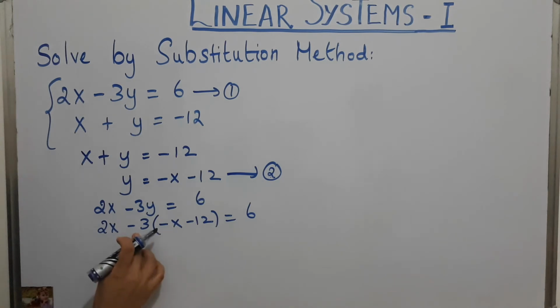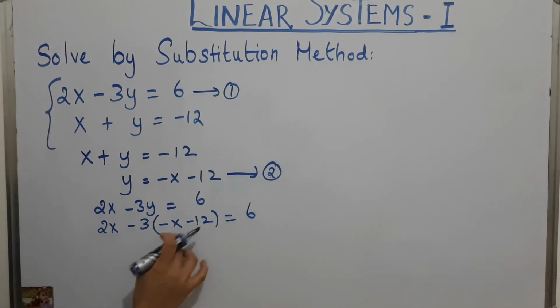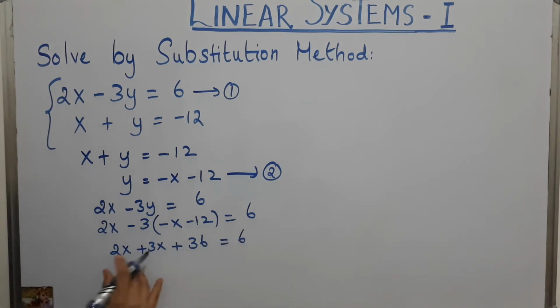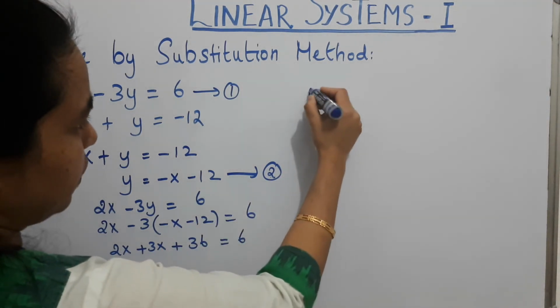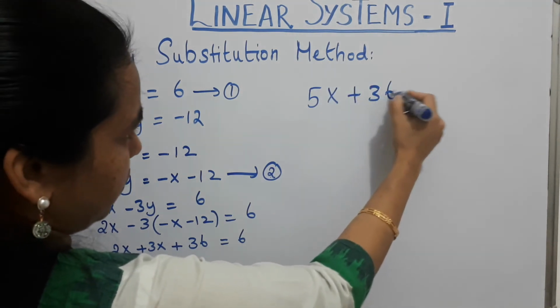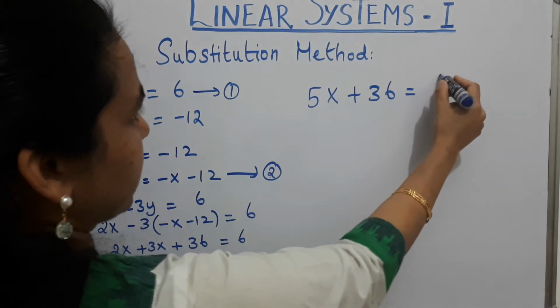Okay, and now you have to distribute negative 3 inside. So 2x plus 3x plus 12 times 3 is 36 equals 6. Okay, so now 2x plus 3x is 5x. So you can write it here, 5x plus 36 equals 6.